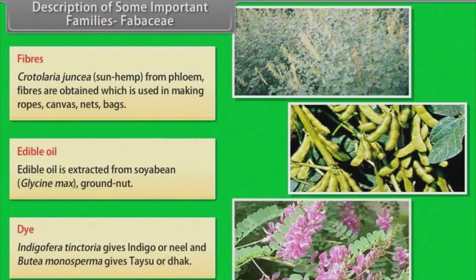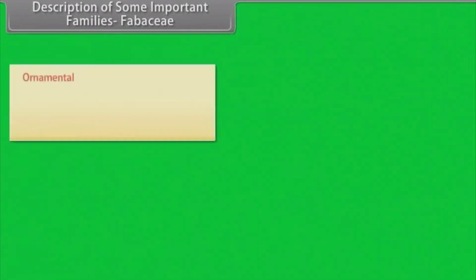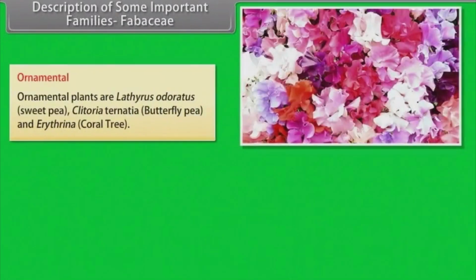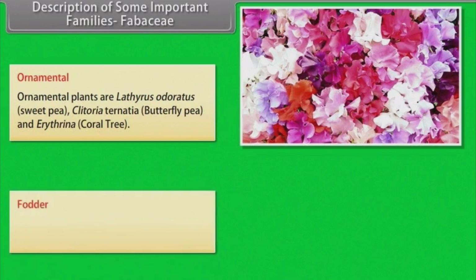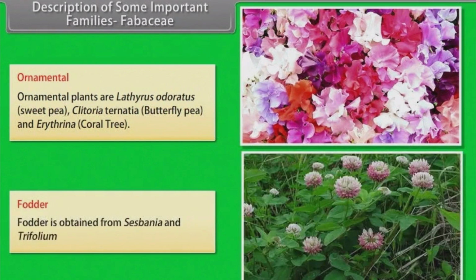Indigofera tinctoria gives indigo or neel, and Butea monosperma gives tesu or dark dye. Ornamental. Ornamental plants are Lathyrus odoratus, sweet pea; Clitoria ternatea, butterfly pea; and Erythrina, coral tree. Fodder. Fodder is obtained from Sesbania and Trifolium.